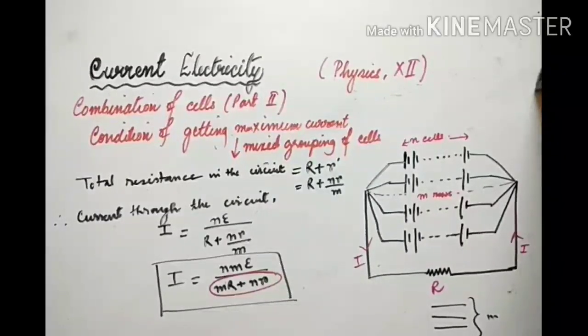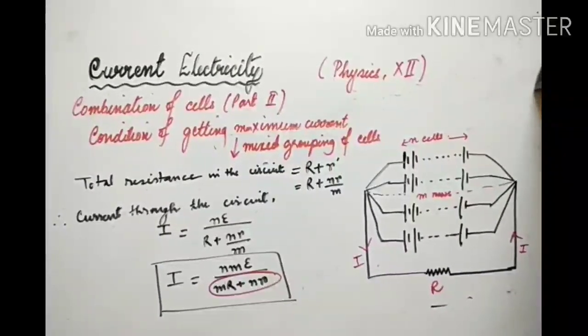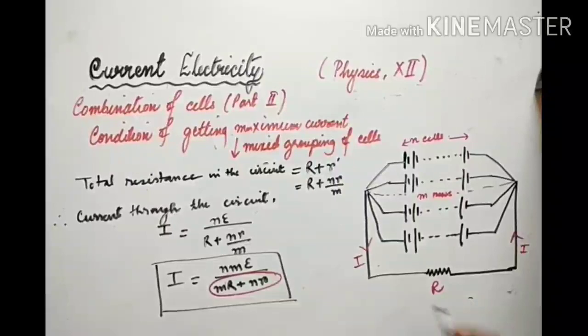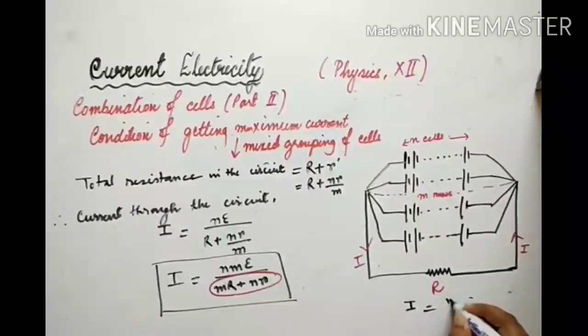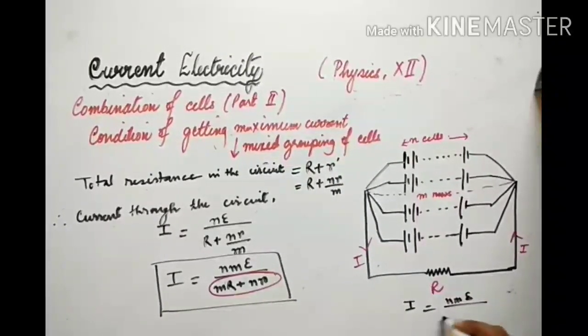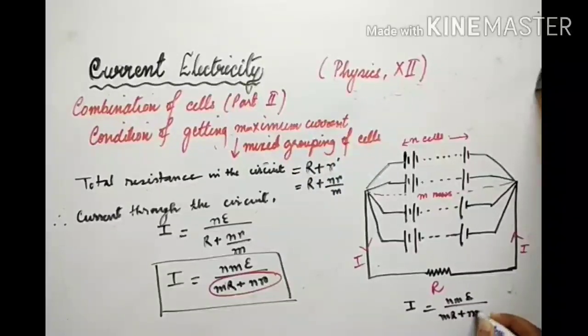Let us simplify the denominator. Let us write the expression of current here once: n into m into E by mR plus n into small r.